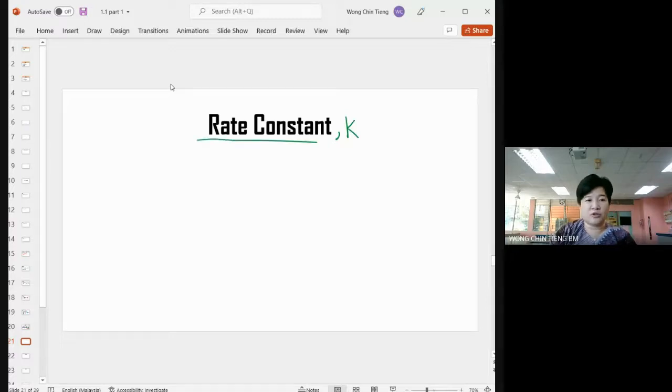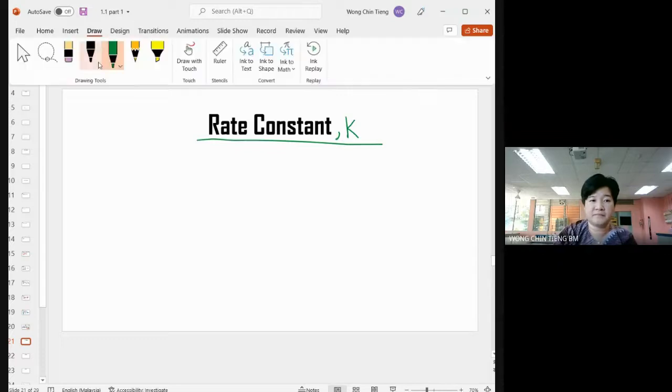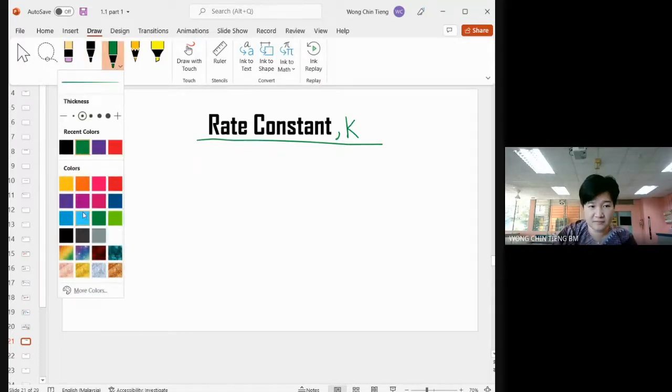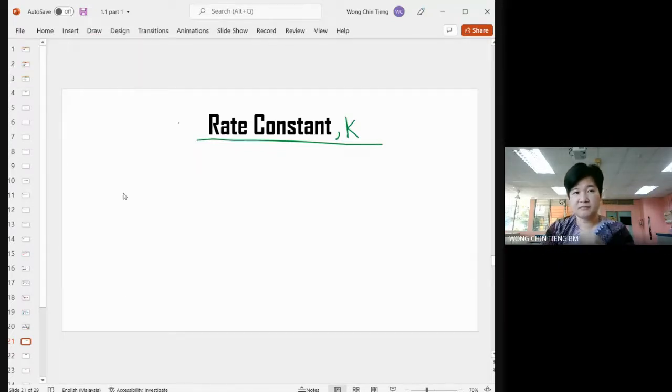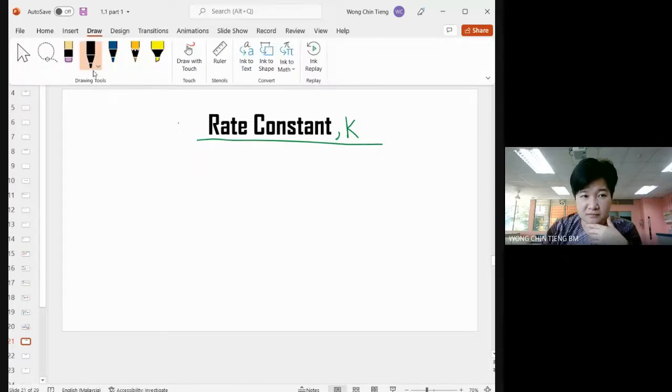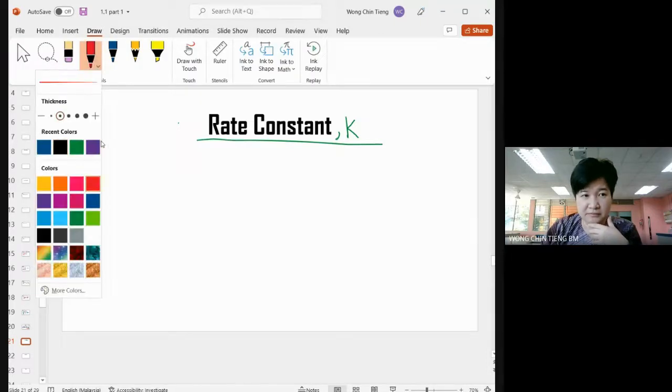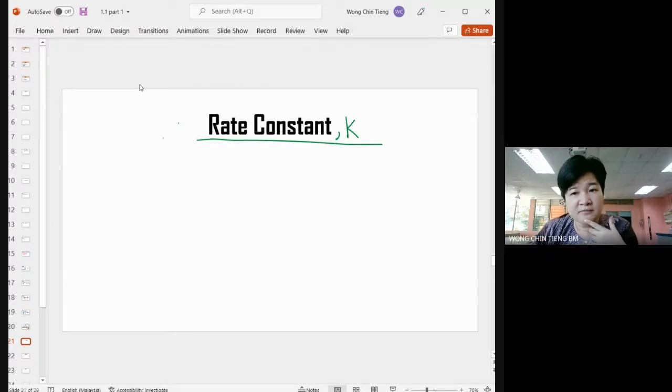So anybody can tell me anything special about rate constant? Anyone? What do you know about rate constant? What do you understand about rate constant? Is that a fixed value?